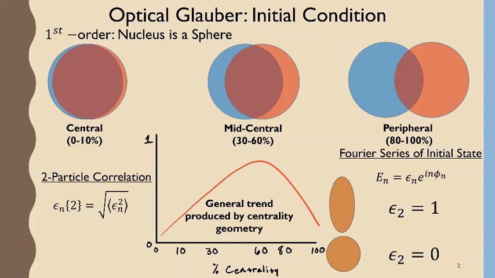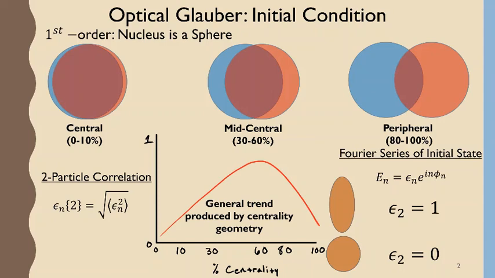Then as you go out toward 60% centrality, you get a peak in ellipticity, and then a drop off. This optical Glauber type model doesn't really describe this drop off too much, but in all of the coming plots, you'll see that this trend holds.